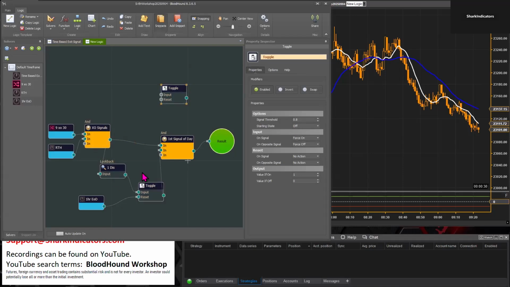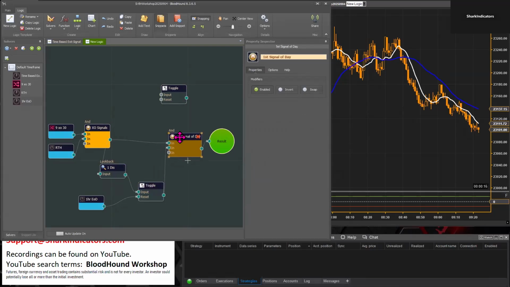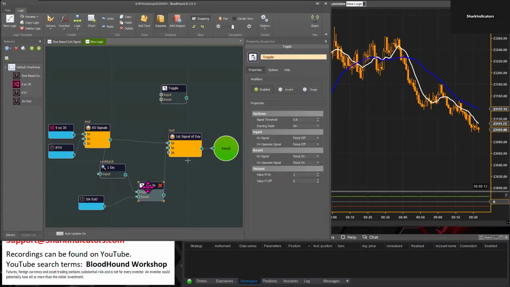But in this situation, because we're wanting a signal to get through, right? We want the first signal to get through, and we're using the toggle node with an AND node to filter signals here, right? Again, we're using this toggle node in a typically opposite situation here. Since it is preventing signals, then the toggle node needs to start on here.